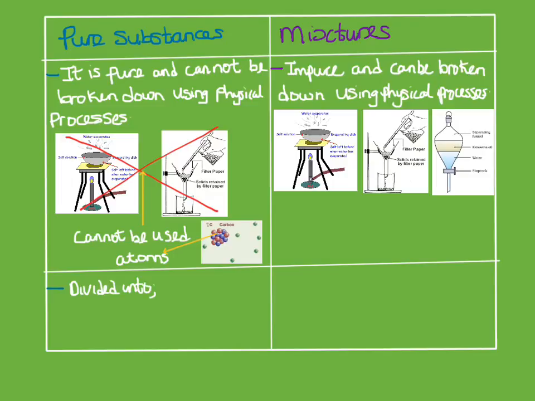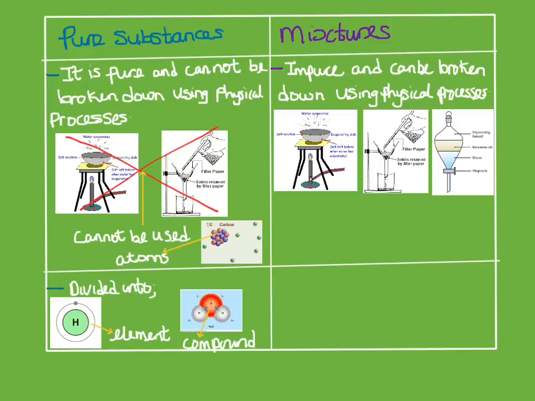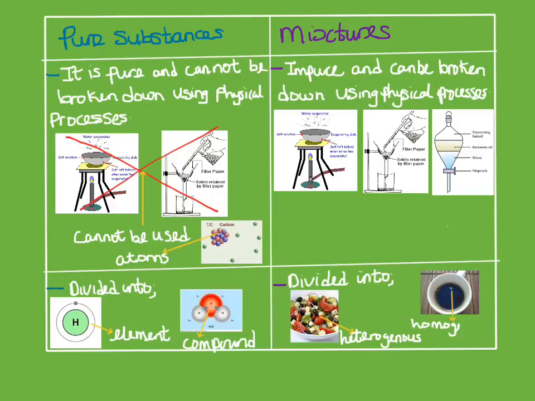Pure substances can be divided into elements, for example, the element hydrogen, and compounds, for example, the compound water, while mixtures can be divided into heterogeneous mixtures in which the components do not completely mix with each other, and homogeneous mixtures in which the components completely mix with each other.